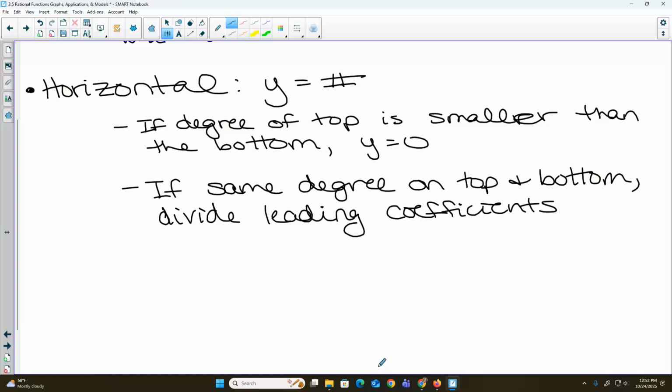So the reason is the same. Those asymptotes happen at our quotient when we have a remainder. So I'll come back to the slide in just a second.